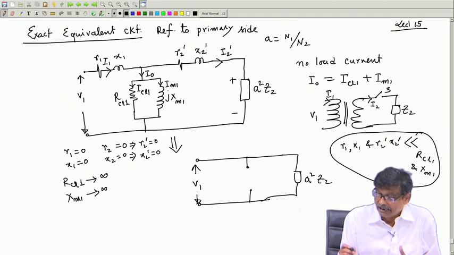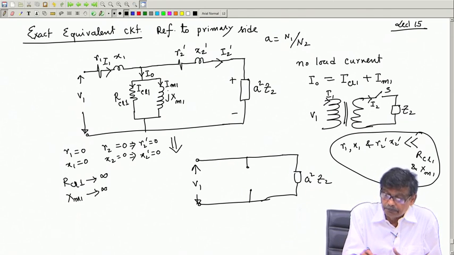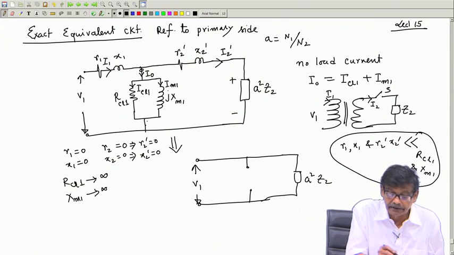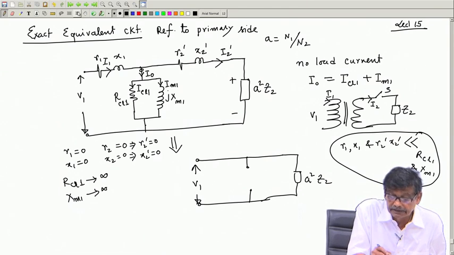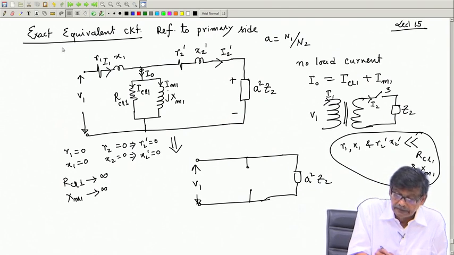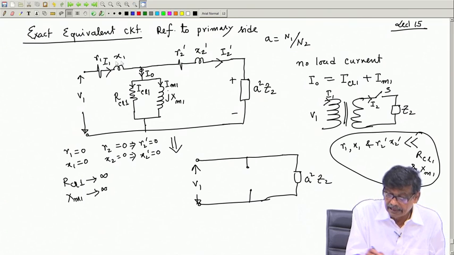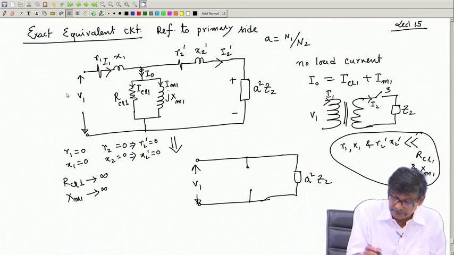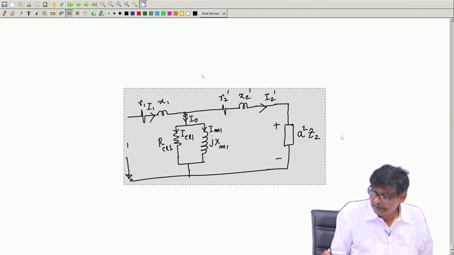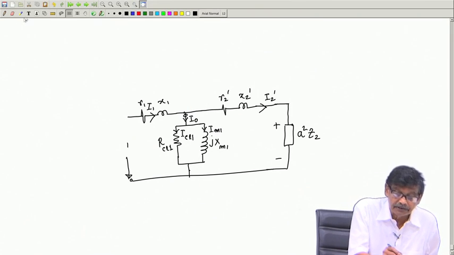What I am trying to tell is this parallel branch. Okay, I will draw it better in a separate page. So, you remember, this is the exact equivalent circuit. Suppose this is the equivalent circuit, this is V 1.